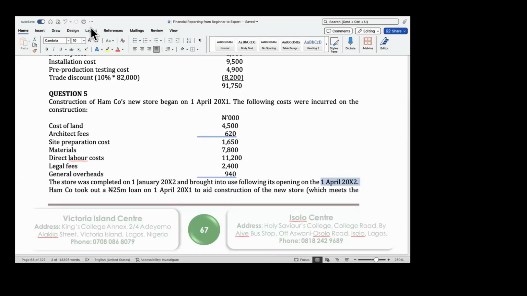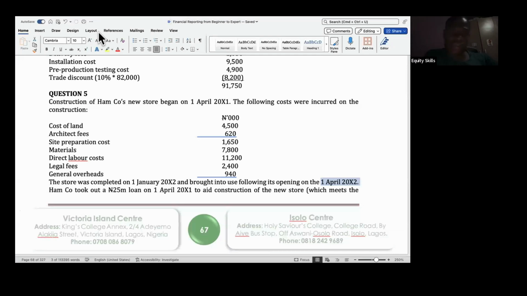Any cost from 1st of January onward should never be capitalized because the construction has been physically completed, according to this question. So any other cost shall be expensed. Okay, that's actually correct.